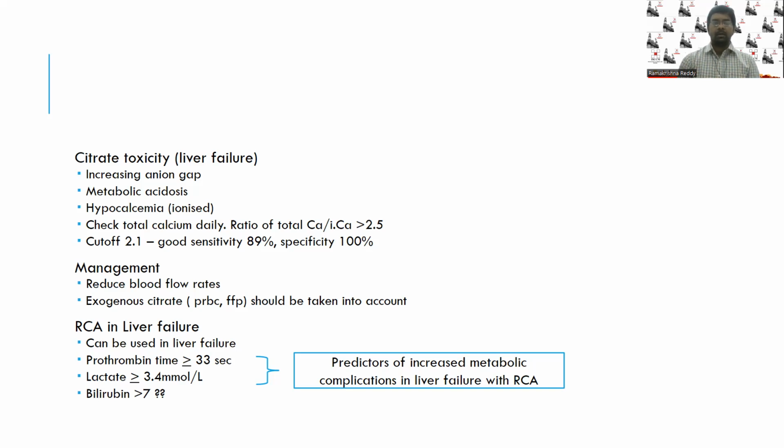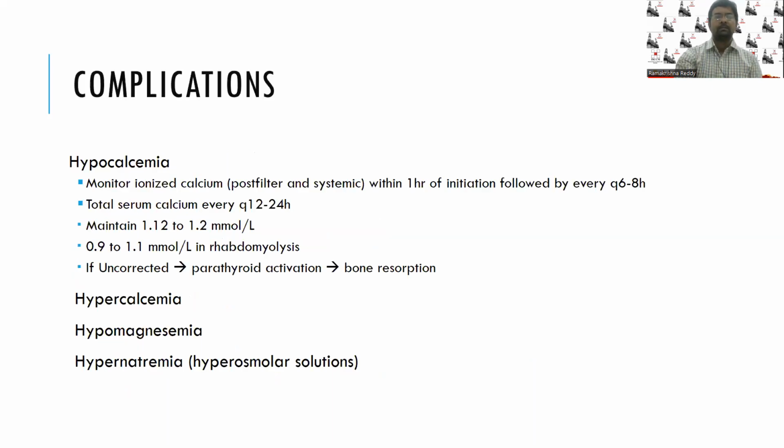When the prothrombin time is more than or equal to 33 seconds, the lactate is more than 3.4 millimoles per liter, or the bilirubin is more than 7, these are predictors that these patients will more likely develop citrate toxicity if you administer it in liver failure. So in these patients, it's better to avoid citrate as anticoagulation. Otherwise, you can use it in mild cases.